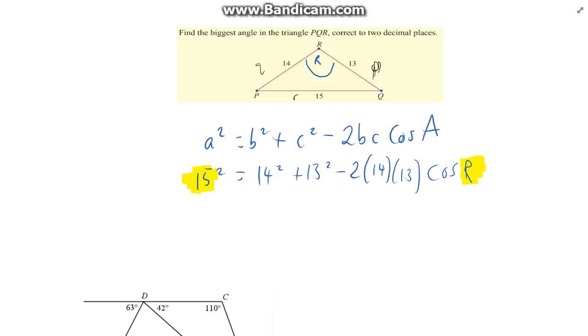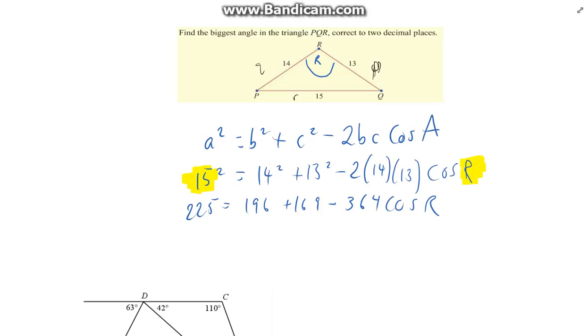So we'll have 15 squared, which is 225, equals 14 squared, which is 196, plus 13 squared, which is 169, minus 2 times 14 times 13, which is 364, cosine r.